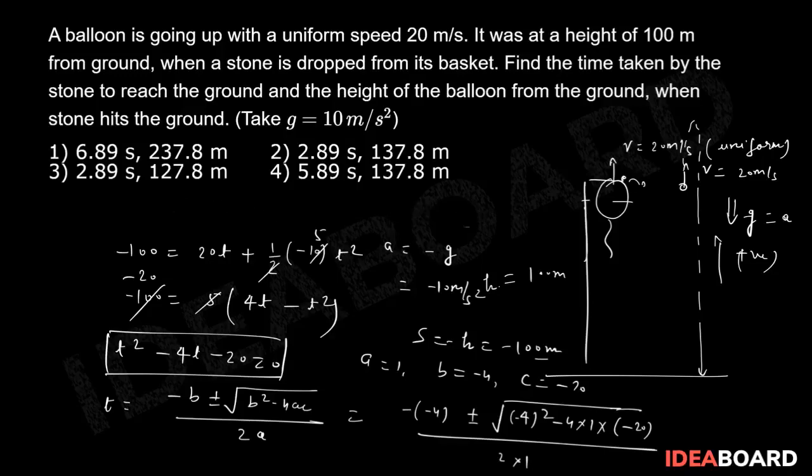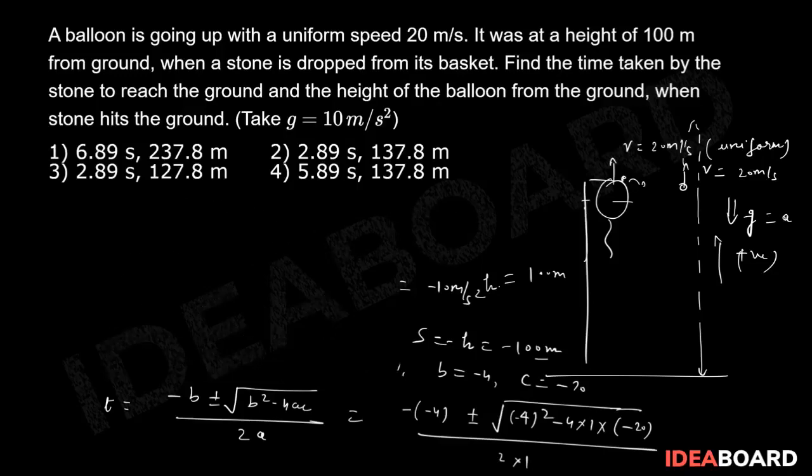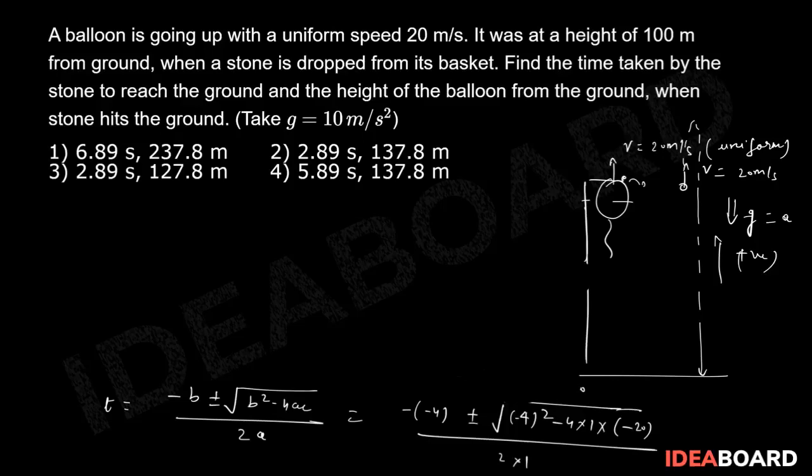Then it will simply be t is equal to plus 4 plus minus root of 16 plus 80, divided by 2.